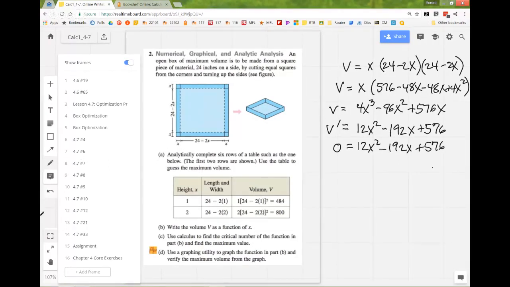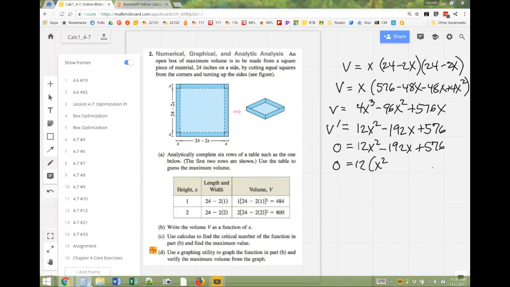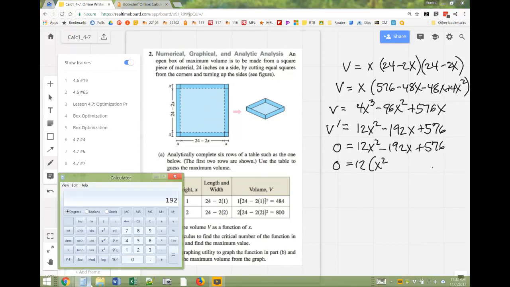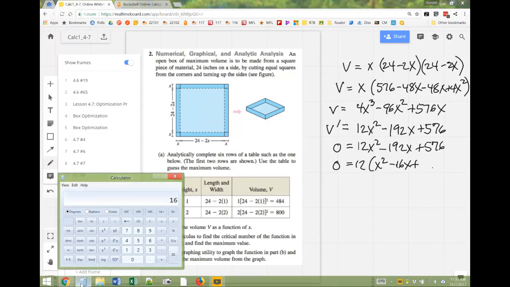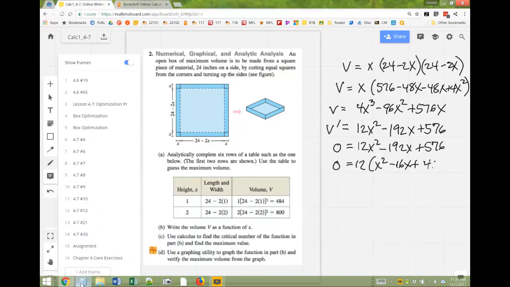So we can factor, I believe, a 12 out of there. So 0 equals 12 times x squared minus 16x, since 192 divided by 12 is 16, plus 48, since 576 divided by 12 is 48. Can we factor this any further?